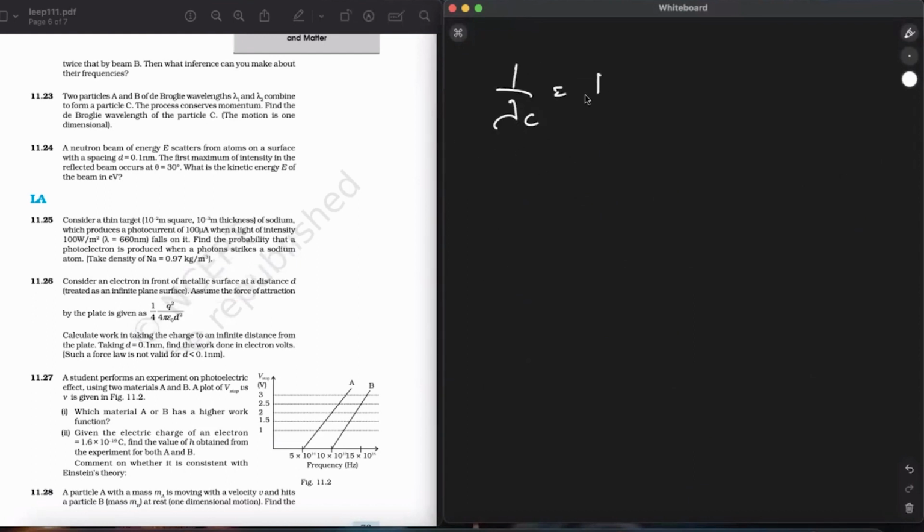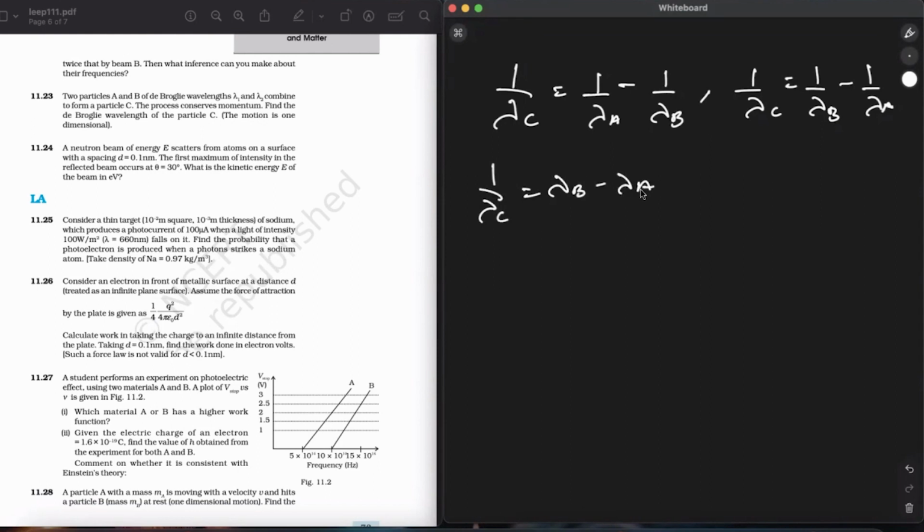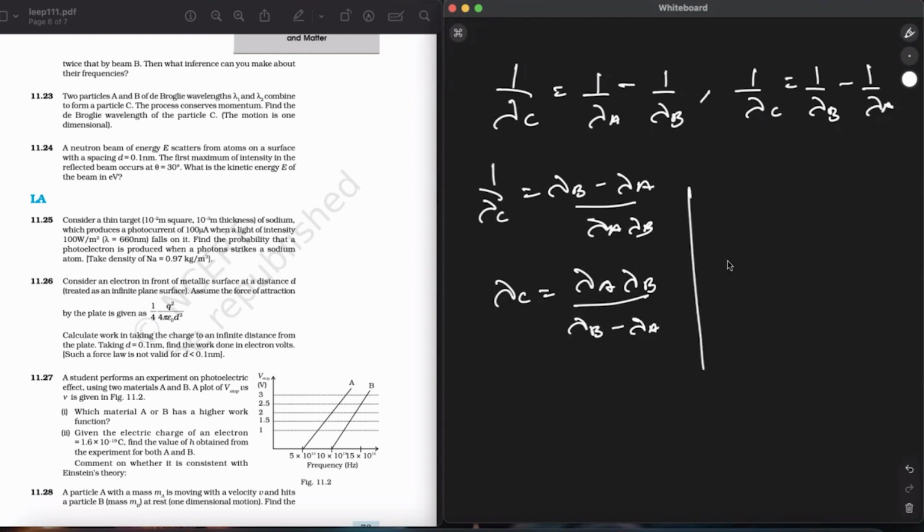1 upon λC equals 1 upon λA minus 1 upon λB, and similarly 1 upon λC is 1 upon λB minus 1 upon λA. These are the other two cases. If both are negative, then whatever was the first relation, you just put a minus sign there. So these are the four cases. 1 upon λC is (λB minus λA) divided by λA λB, so λC is λA times λB divided by (λB minus λA).